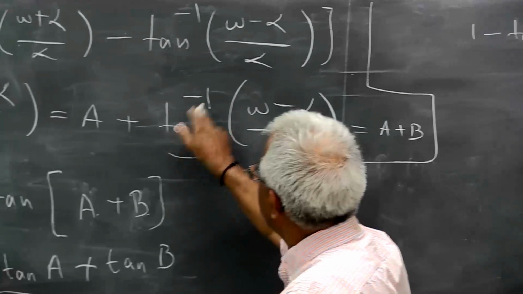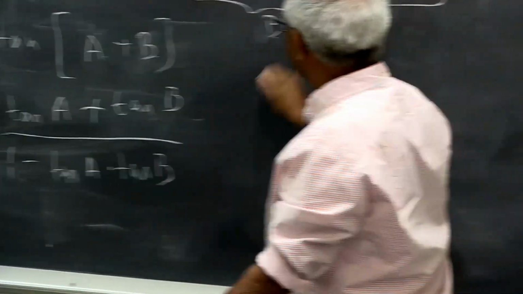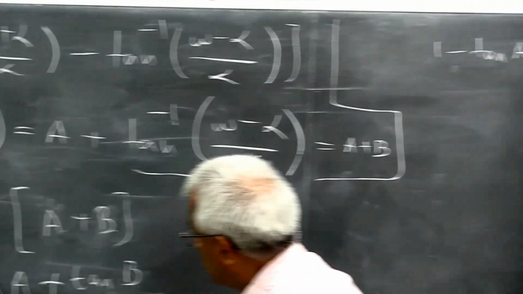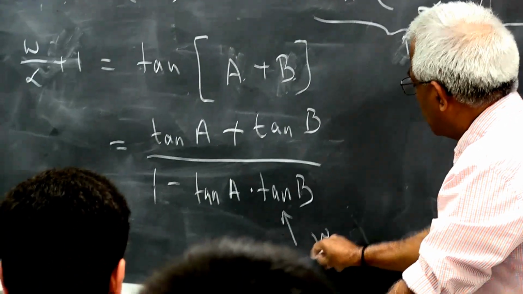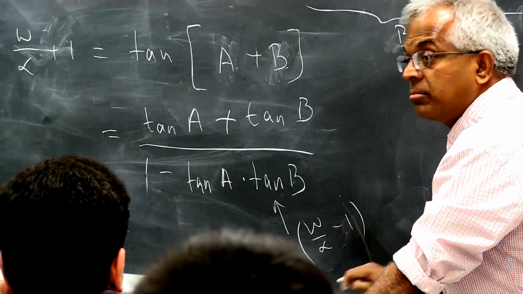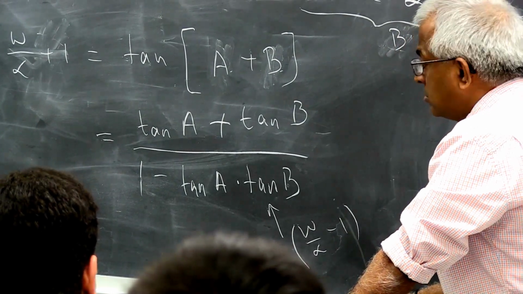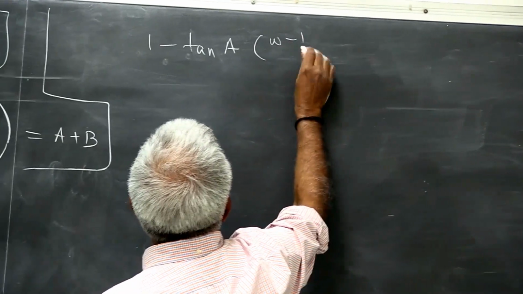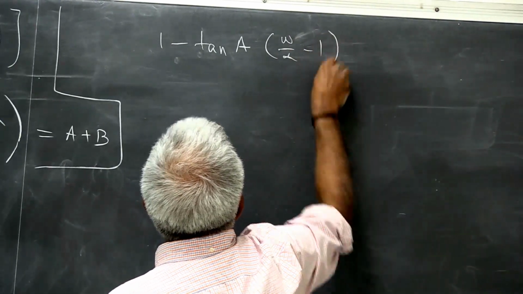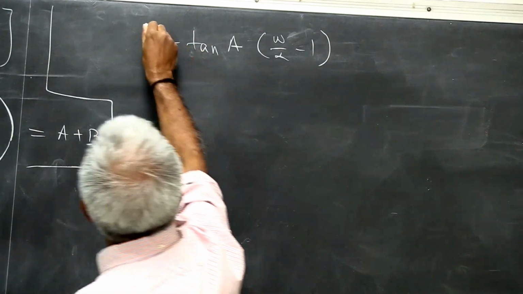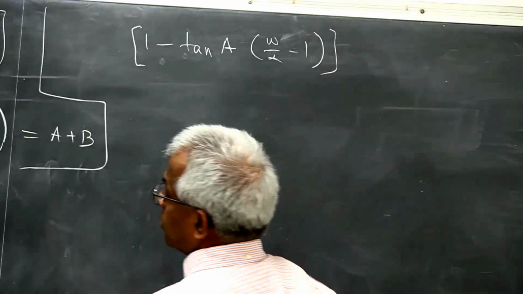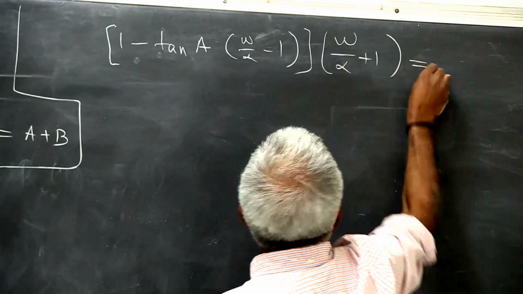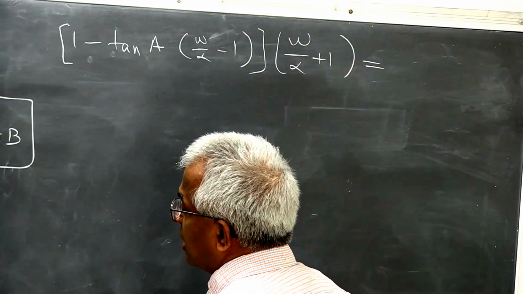Tan of tan inverse of this, so it is this. So tan B, of course, is omega over alpha minus 1. So 1 minus tan A multiplied by omega minus alpha, and this multiplied by omega over alpha plus 1 equals tan A.